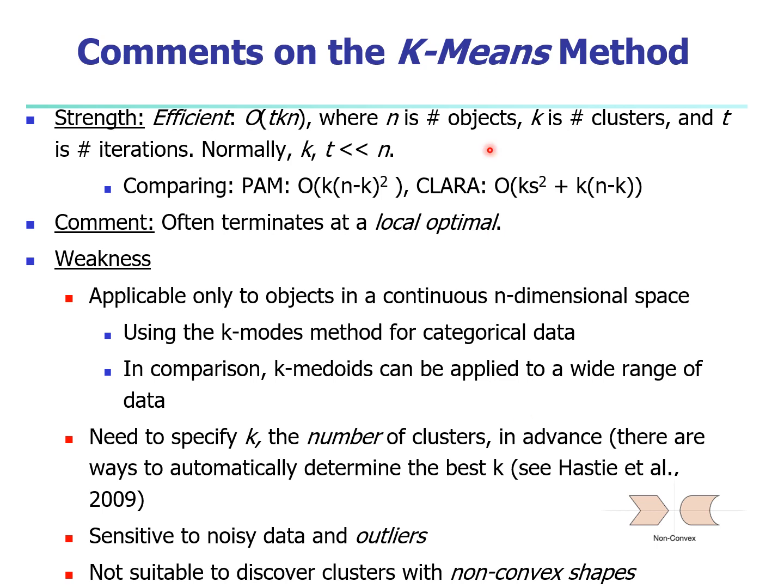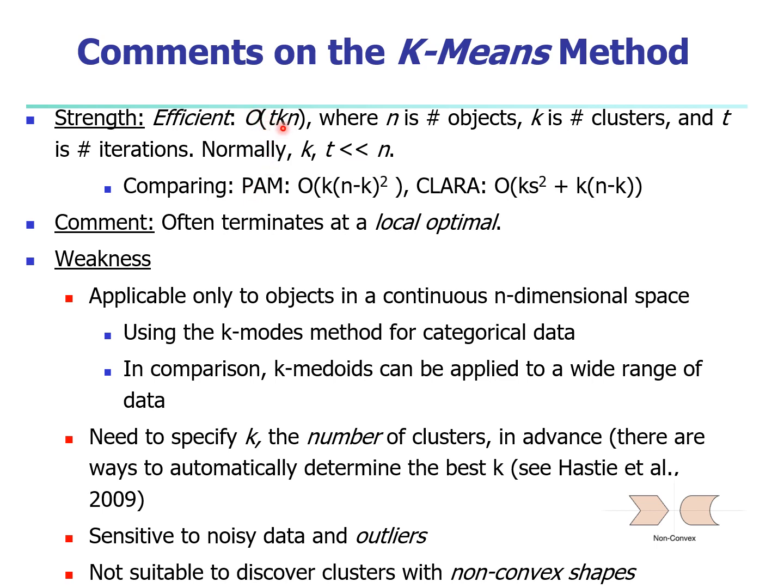The strength of k-means clustering is, first of all, that it's efficient. Its big O notation is T times K times N. N is the number of objects, K is the number of clusters, and T is the number of iterations, the number of times that the loop is repeated. And normally K and T are way less than the number of objects.